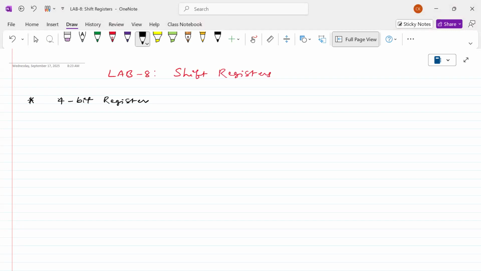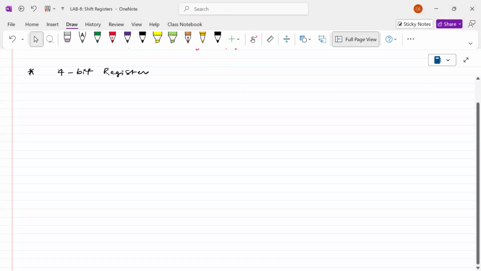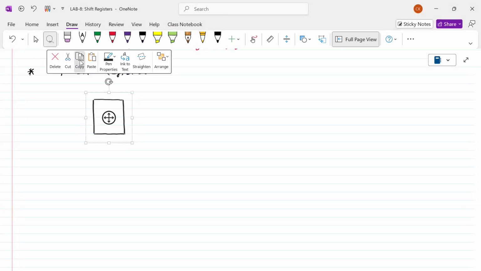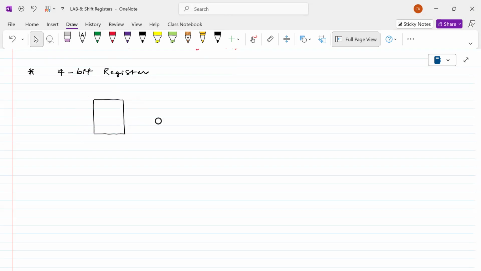Okay, the parallel in, parallel out. So how have we done this? Let me give you the block diagram, then we can explain a little later. Let me take 4 of these, copy and paste.